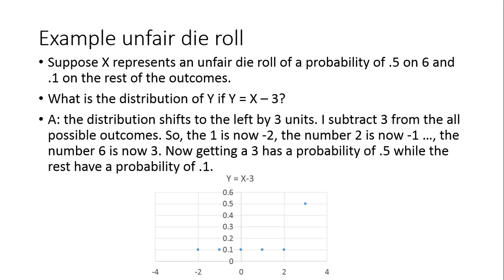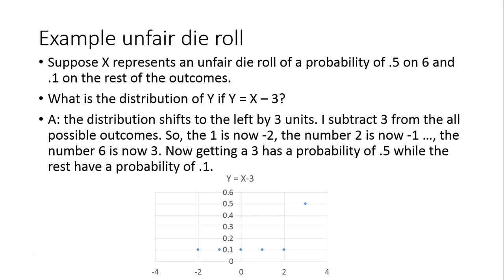What is the distribution of y if y equals x minus 3? That means the distribution shifts to the left by 3 units. I subtract 3 from all the possible outcomes of the die. So now the 1 becomes a negative 2.